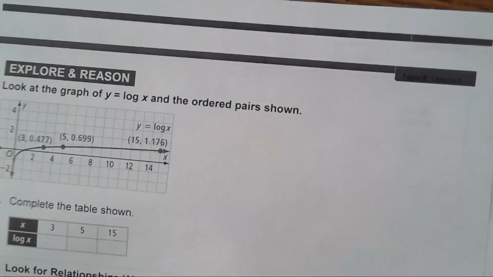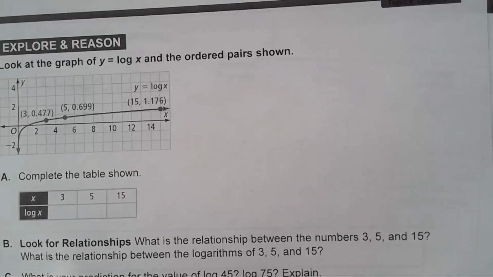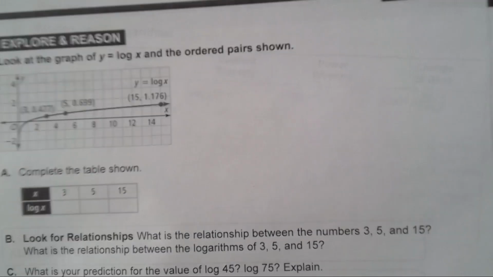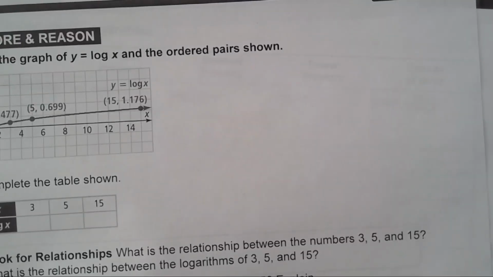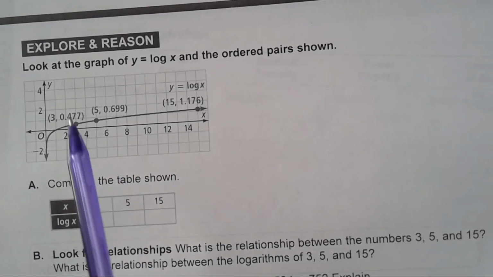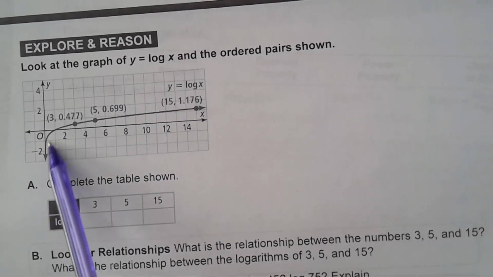I want you to look on the graph. Okay, so if y equals the log of x, here's what it looks like. Here's some values shown as ordered pairs. Just do this either on your note sheet, or write on your desk if you have the whiteboard marker, or on a scratch sheet of paper.